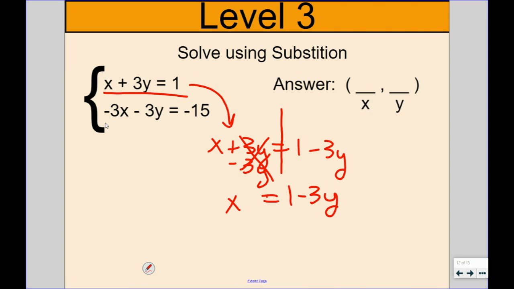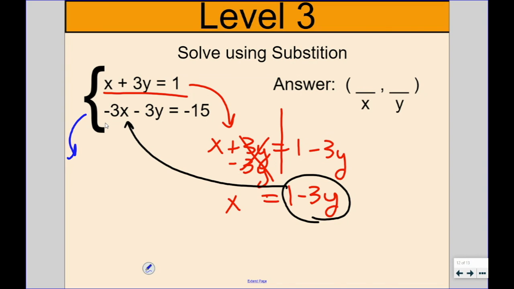I'm going to solve this by substitution. I know now what x equals, and I can take what x equals and substitute that right in here for x. So I will help you get this set up as an equation and then let you finish with this. I'm going to start with a new color here, and I'm going to rewrite this equation, but instead of x, I'm going to write our 1 minus 3y.